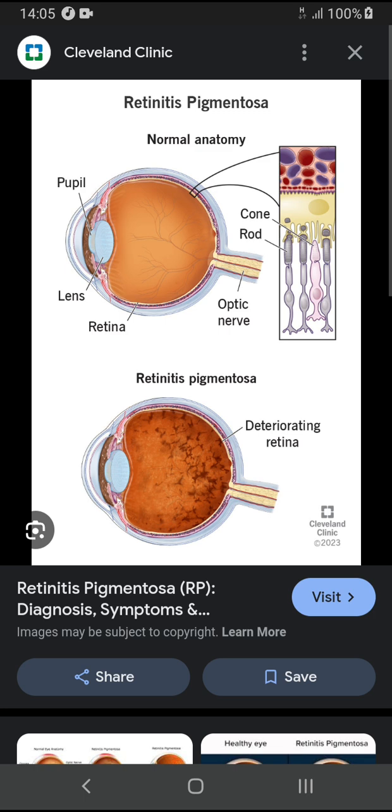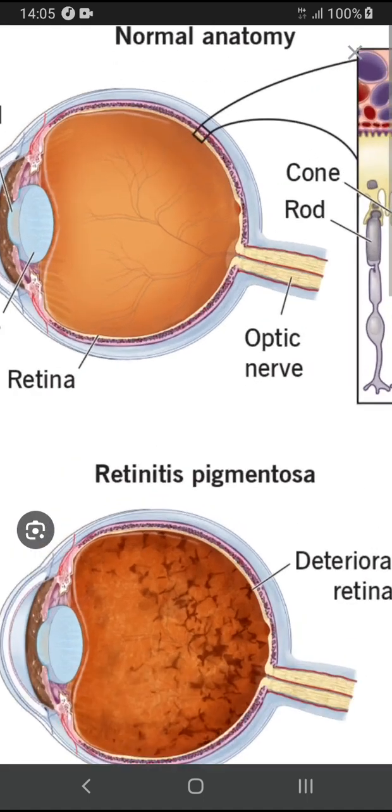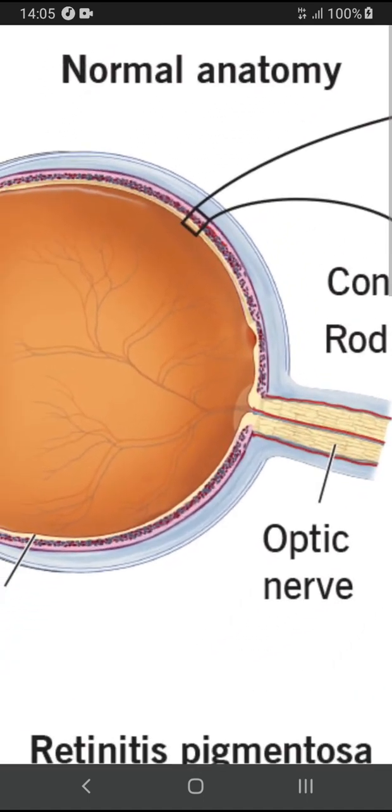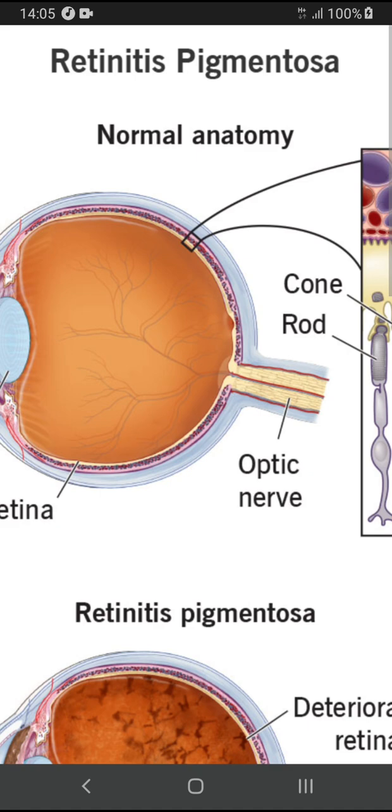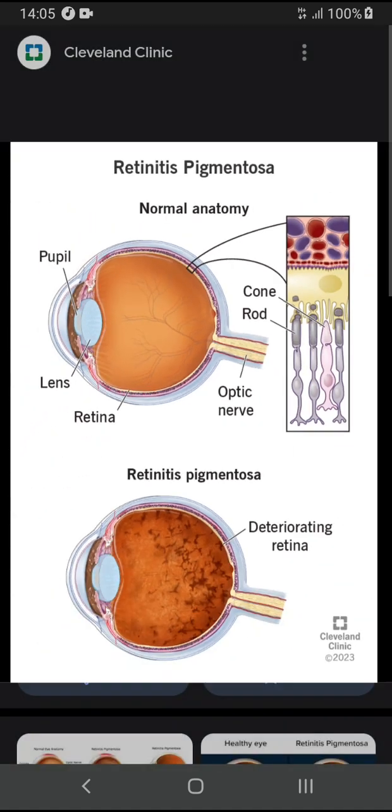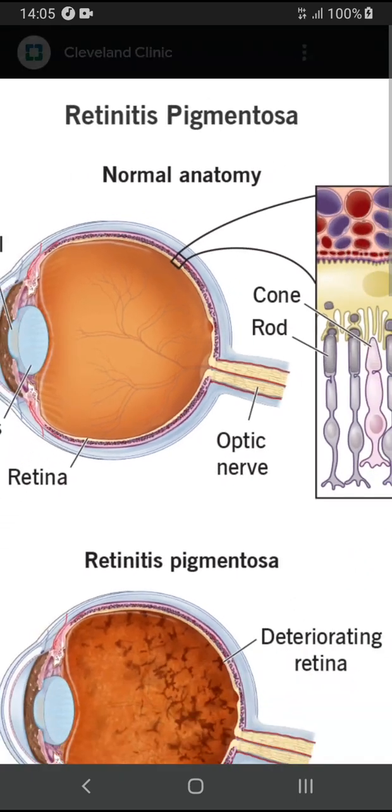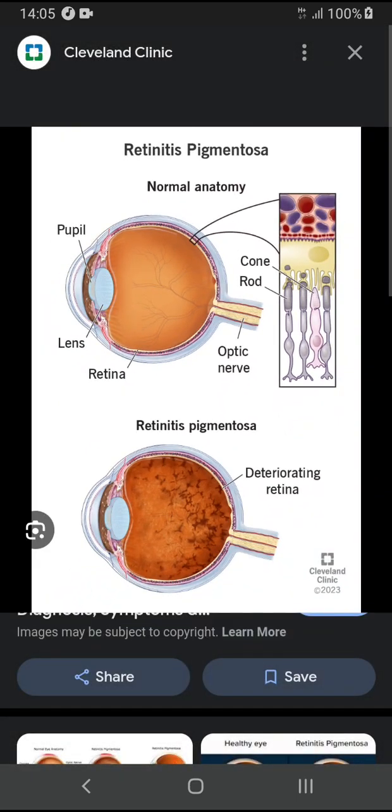The cones are mainly in the central part of the retina, especially in the macula and in the fovea, which is the central area of the retina. If you can see the fovea there, I can't point there, but I wish you could see it. So retinitis pigmentosa mainly damages the rods initially.